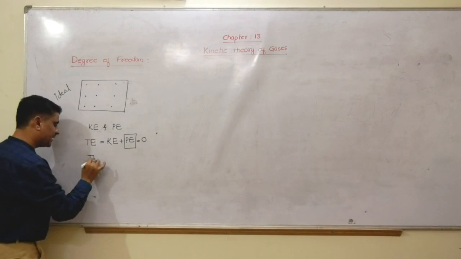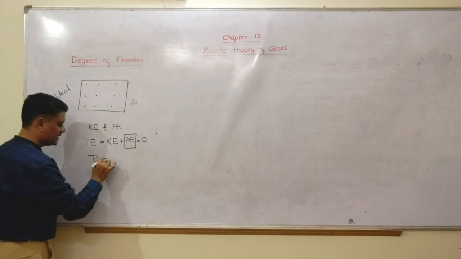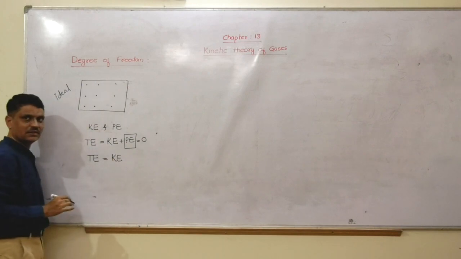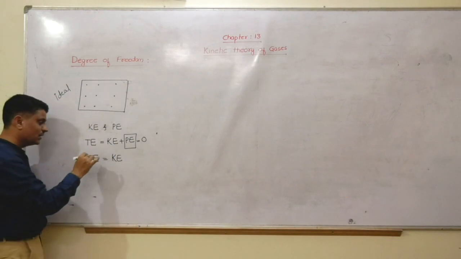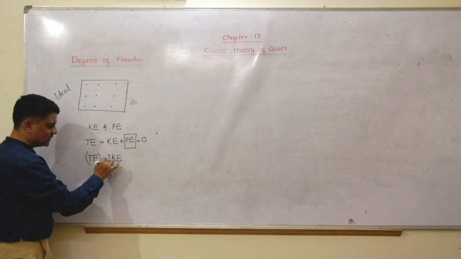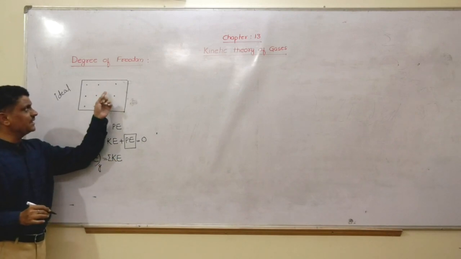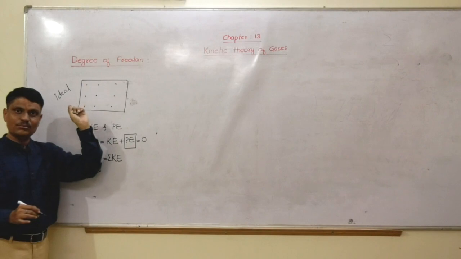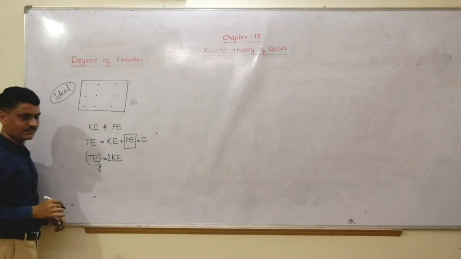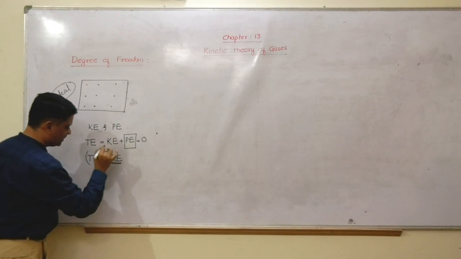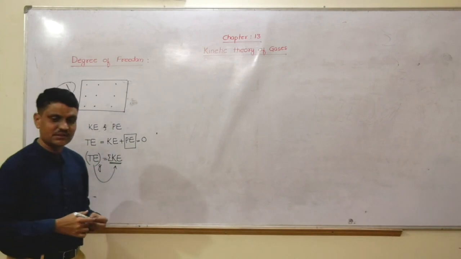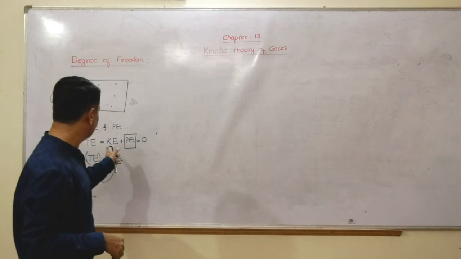Then the total energy is equal to the kinetic energy of the atom or molecule, or the total energy of the gas is equal to the summation of kinetic energy of all molecules. So today if I consider an ideal gas, the energy of an atom or molecule is nothing but its kinetic energy, right?